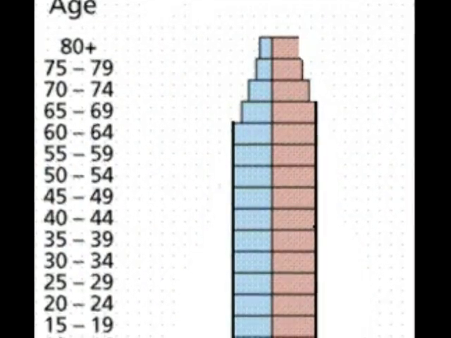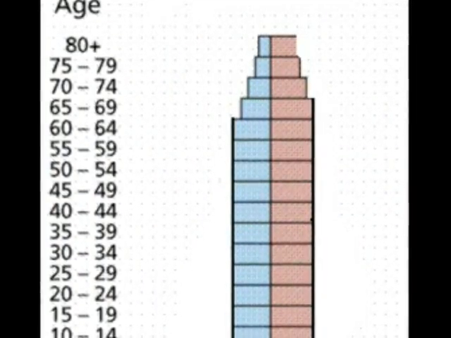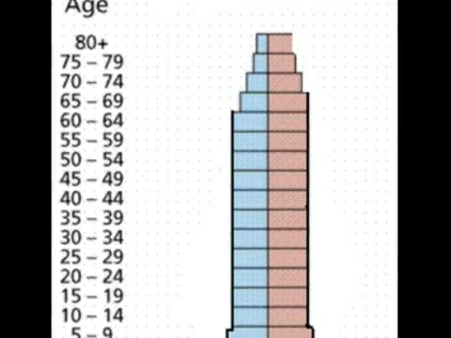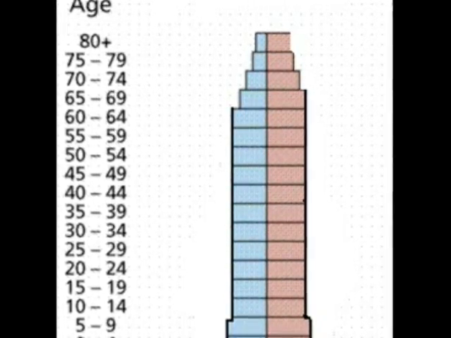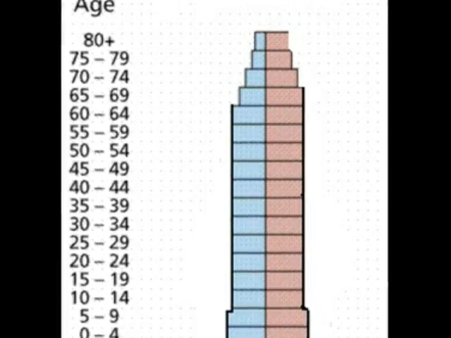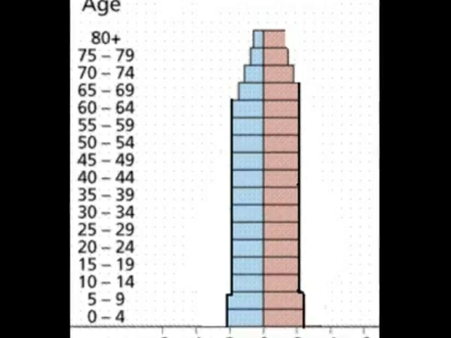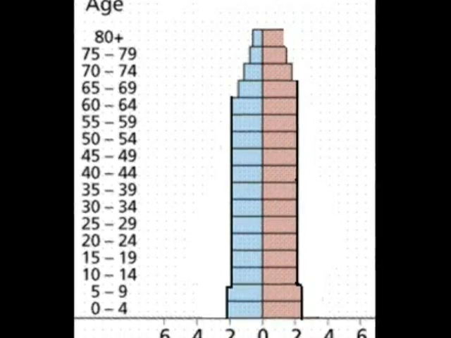As I said in the previous question, this is what a stable histogram would look like. As you can see, it's very straight and it's not increasing rapidly, and it's not the inverted triangle, which some populations have.